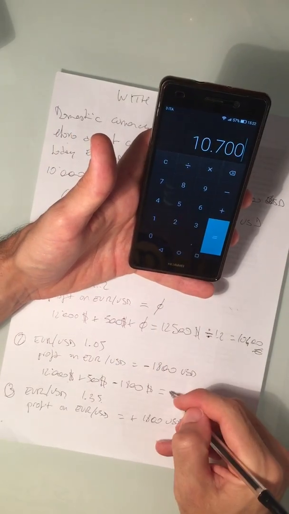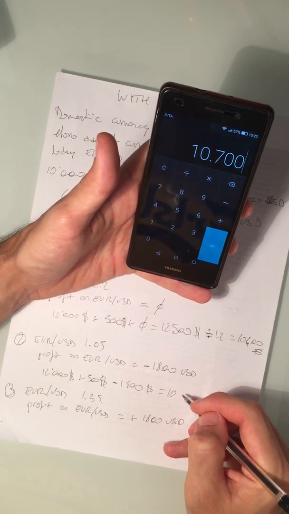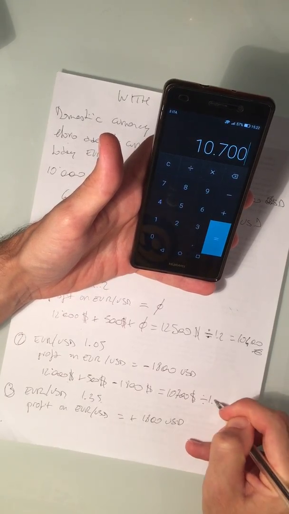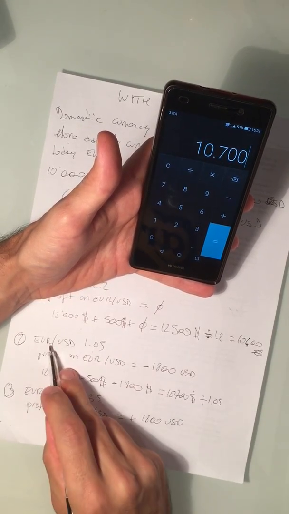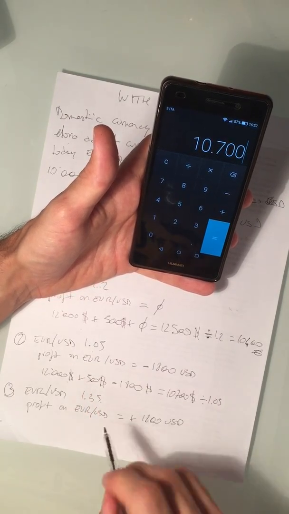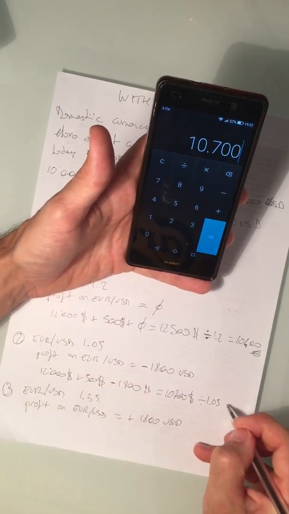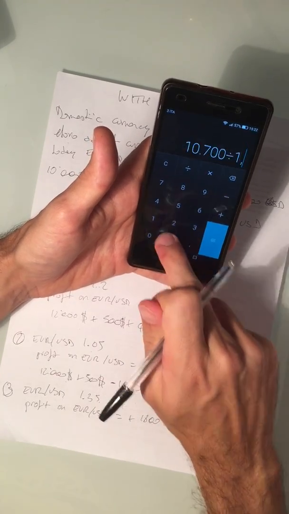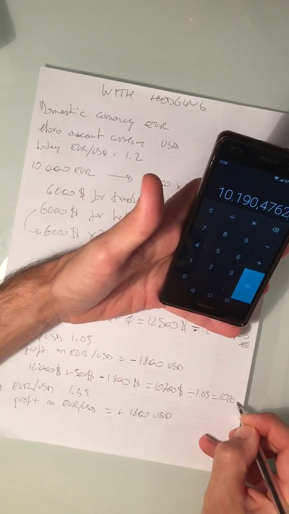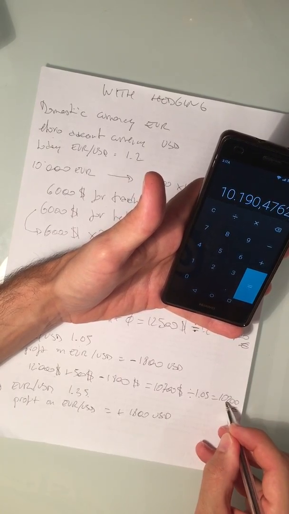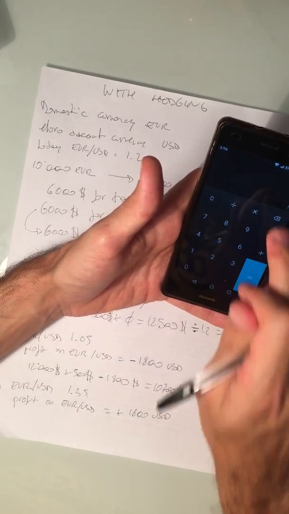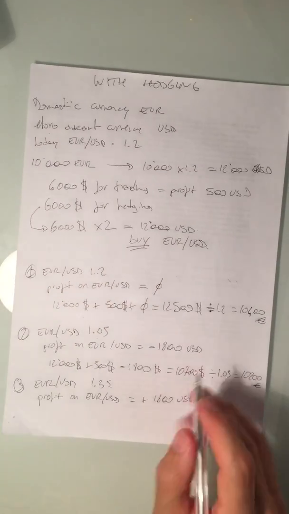So you have 10,700 US dollar divided by 1.05, because now the euro US dollar is 1.05. So if you want to transfer now, you have to apply this exchange rate. So now on your domestic bank account, you have 10,200 euros.